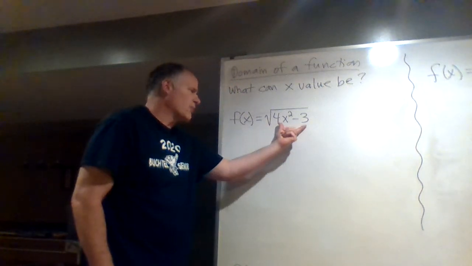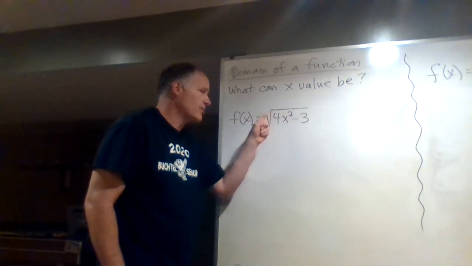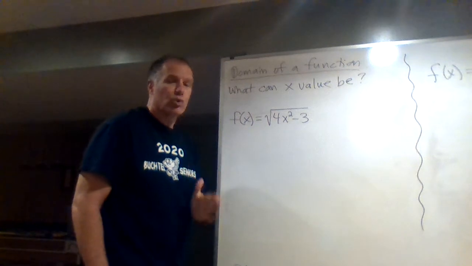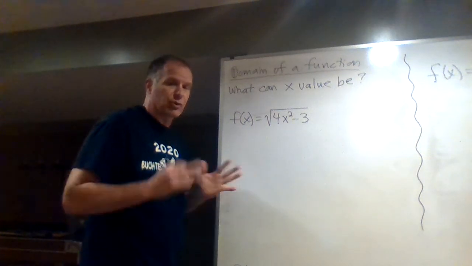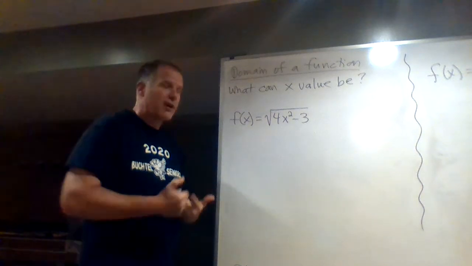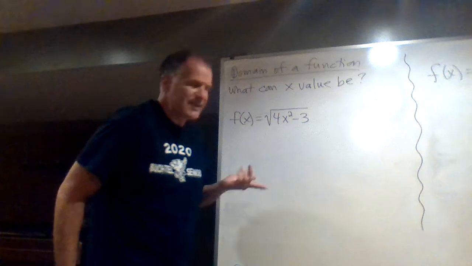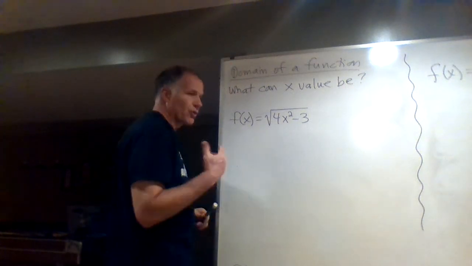So, again, what we know is the underneath part of the square root, the radical, has to be greater than or equal to 0. Greater than 0 is positive, and equal to 0 is okay. You can have 0, but you're not allowed to be negative, so you couldn't be less than 0. So basically, you're allowed to have anything that's greater than or equal to 0.